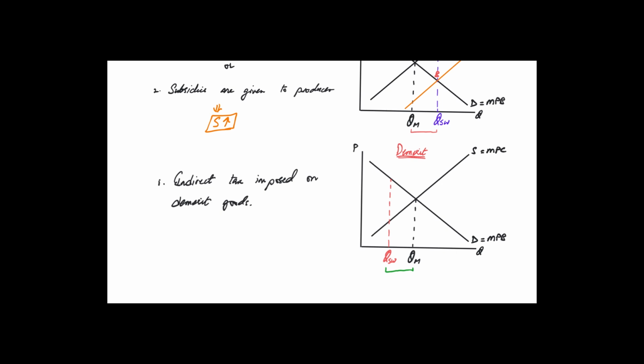In demerit goods, I can't think of any demerit good which the government is actually giving subsidies for. So in that case, by imposing the indirect taxes, you're going to increase the cost of production and shift the supply curve to the left, and as a result the prices are going to go up and equilibrium is going to change from A to B, and as a result the quantities have been reduced.